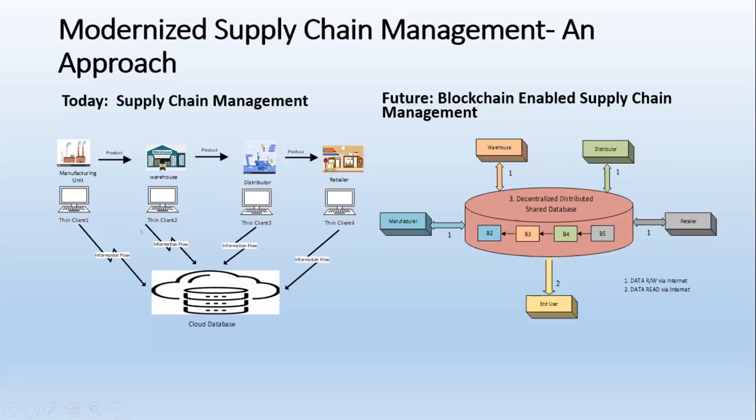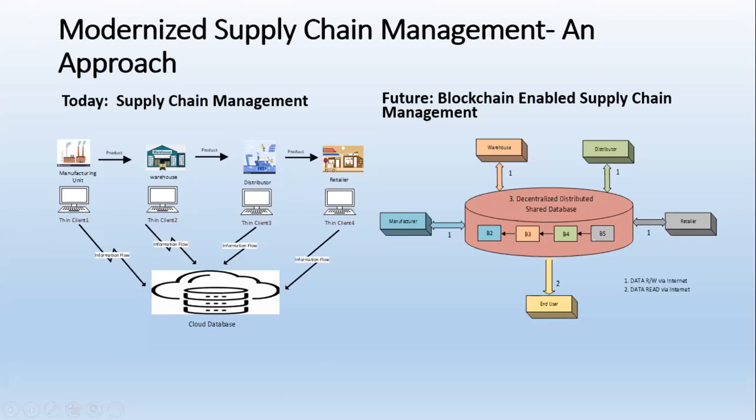They all store the data about the product in a central authority like a cloud database, and then they transfer the product from one end to the other, and finally it reaches the retailer. From there it reaches the customer. So a central entity plays a major role here. Every piece of information is stored there.